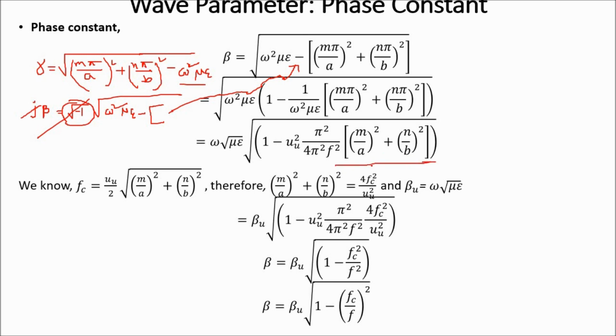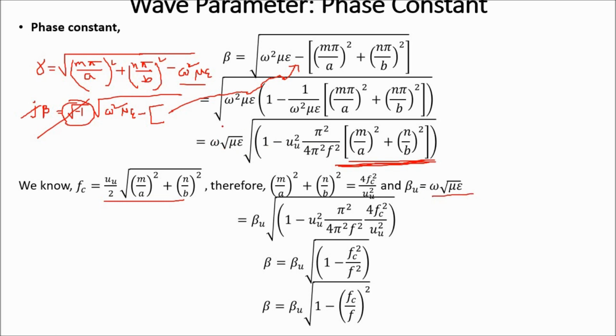Now we have to express this with respect to the cutoff frequency. For cutoff frequency, the expression we found before is u over 2 times the square root of (m over a) squared plus (n over b) squared. So now (m over a) squared plus (n over b) squared equals 4 fc squared over u squared, and beta u, we already know that beta u equals omega times the square root of mu epsilon.